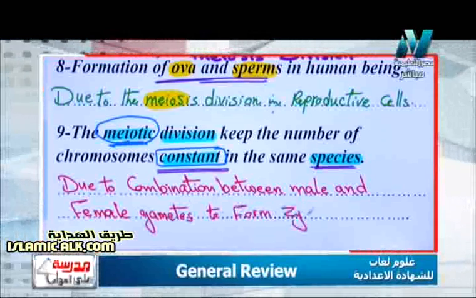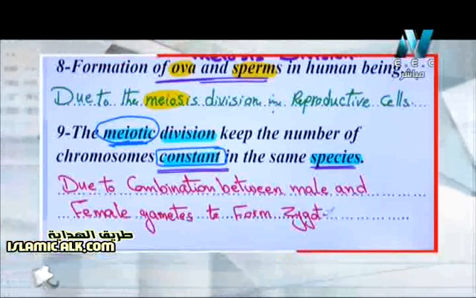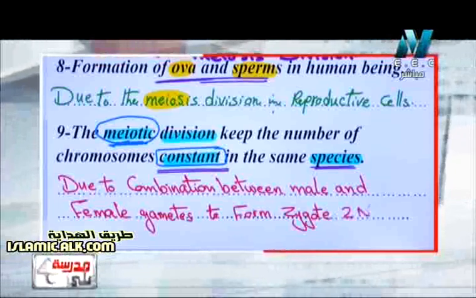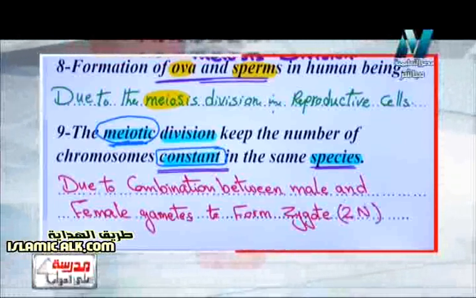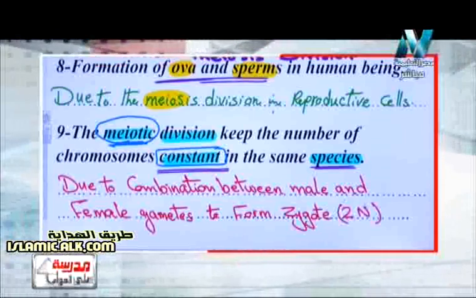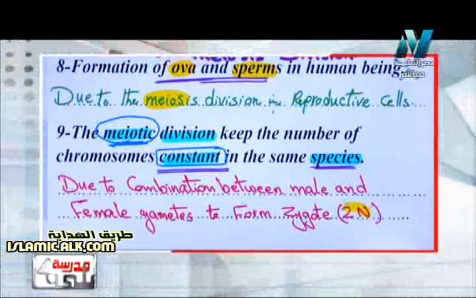Zygote. And we know zygote has complete number of chromosome as 2n. And we know symbol of 2n is what? Is complete number of chromosome.